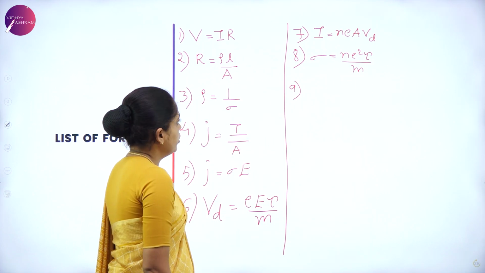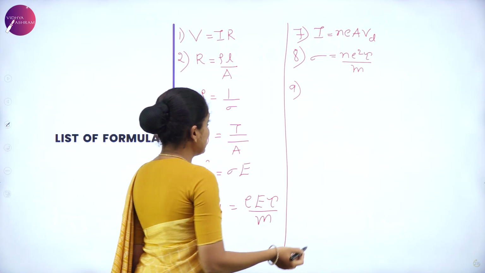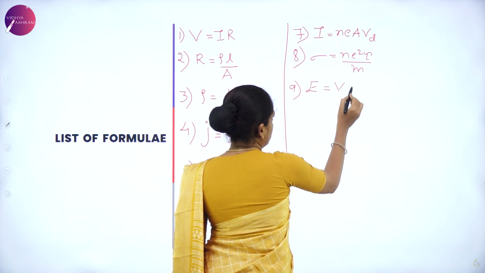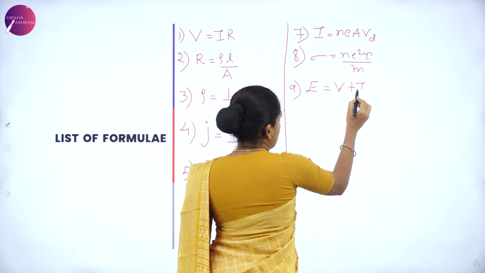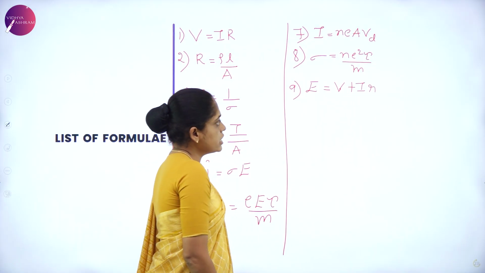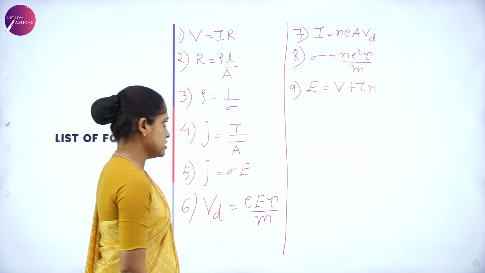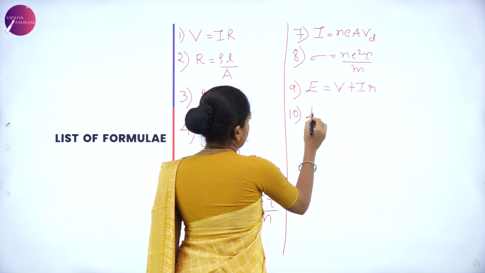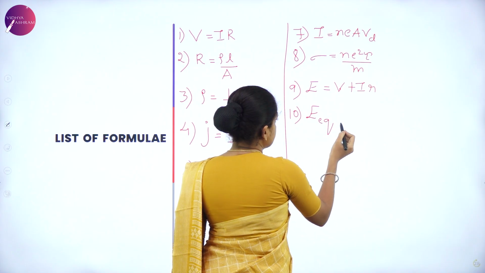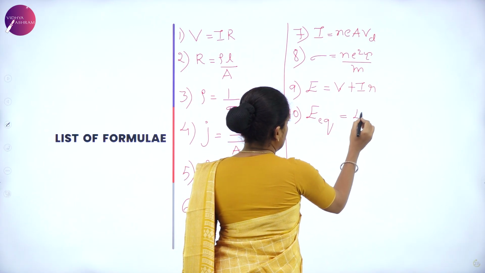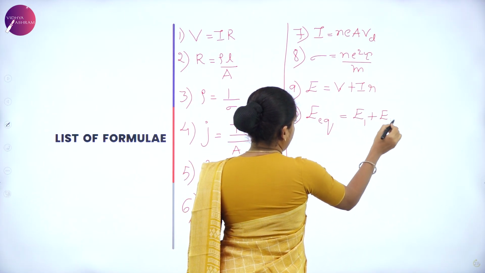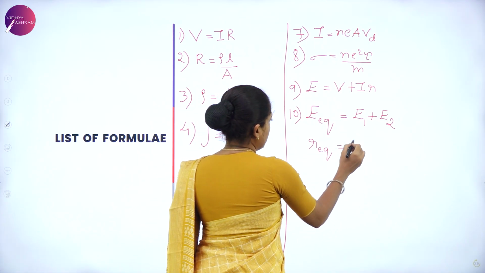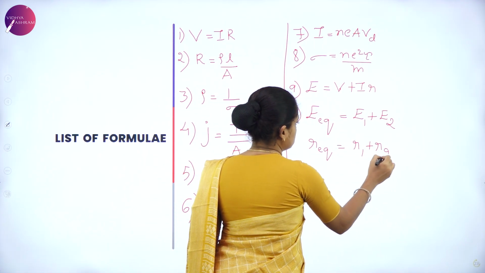Next, we have the formula for cells. In that, EMF is given by potential difference plus Ir, where r is internal resistance. And then equivalent EMF for the cells in series is given by E1 plus E2. Internal resistance is given by r1 plus r2.